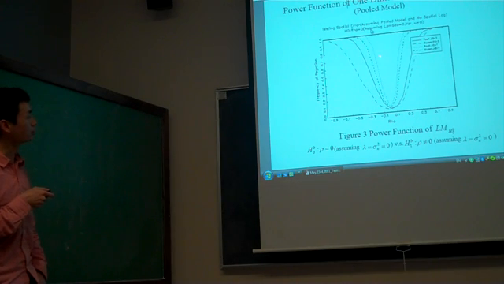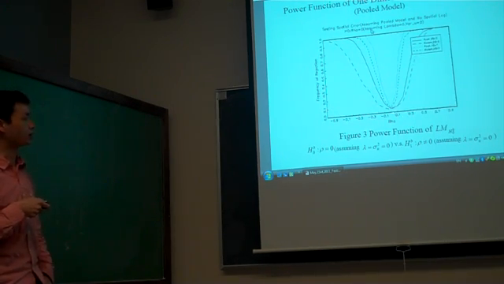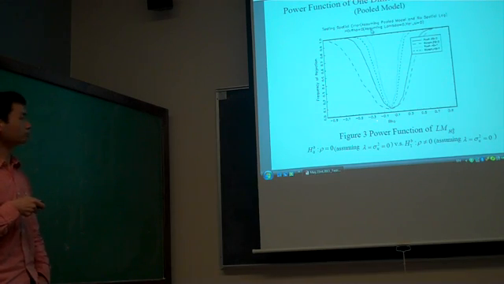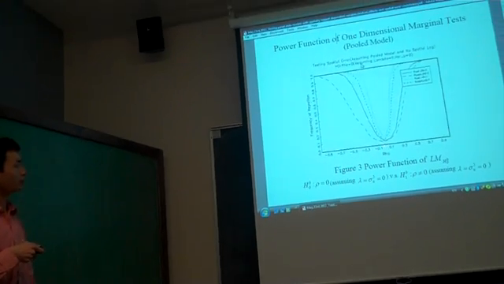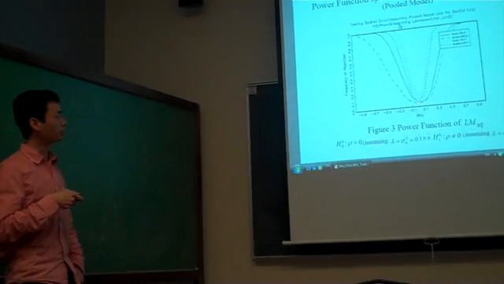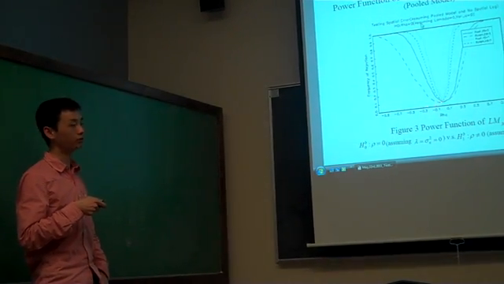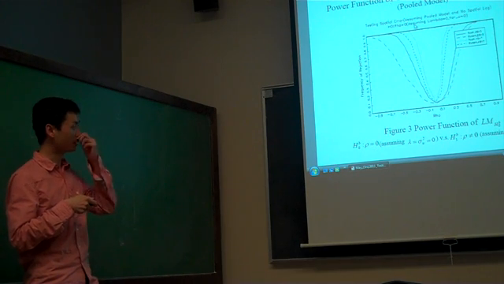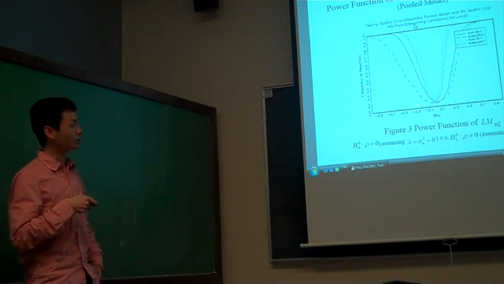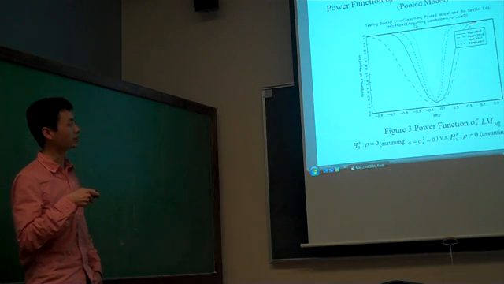The power function looks like this, because the x-axis is rho. At the point in the middle, we are supposed to accept it because rho is equal to 0, which is the null hypothesis. But when it deviates, we are supposed to reject it, as we can see that the power function increases.